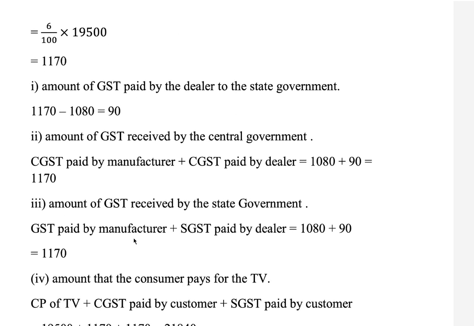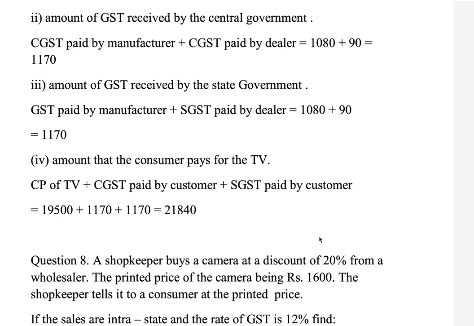So the amount of GST paid by the dealer to the central government is 1170 minus 1080, that is 90. The amount of GST received by the central government, that is CGST paid by the manufacturer plus CGST paid by the dealer, is 1080 plus 90, that comes to 1170. The amount of GST received by the state government, that is SGST paid by the manufacturer plus SGST paid by the dealer, is 1080 plus 90, that comes to 1170.